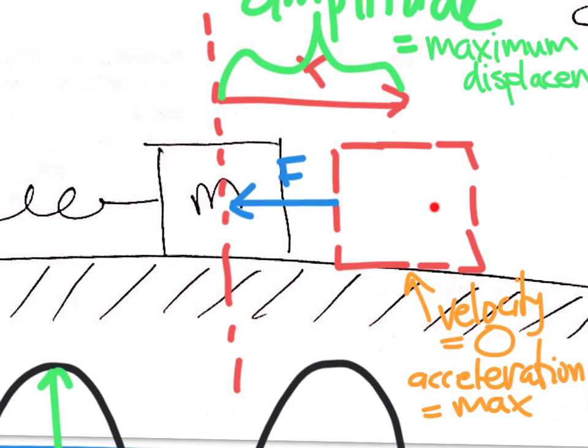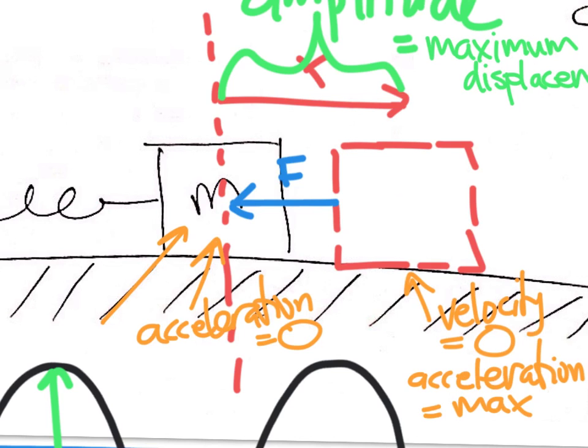Okay, so 0 and then speeds up, and then is momentarily, there's no force on it, and then it's going to slow down and then speed up and then slow down, etc. So in our middle region, we can say that the acceleration is 0, because there's actually no force acting on it. It is the momentum of the mass that keeps it going through equilibrium. We can say that at this point it's going its fastest, so velocity equals a maximum.